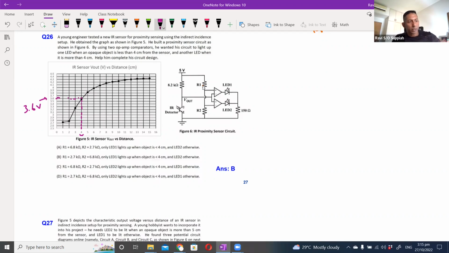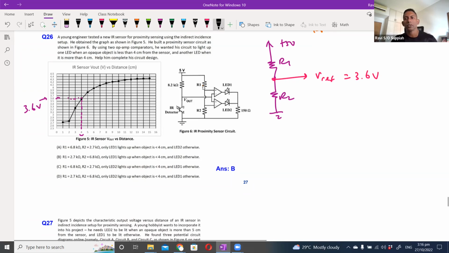If I look at this op-amp here, the reference voltage for both of them is through R1 and R2. So I have a plus 5 volt, and I have R1 and R2, and what I want is this point here, your Vref, to equal 3.6 volt. Which means this combination R2 over R1 plus R2 multiplied by 5 must give me 3.6 volt.